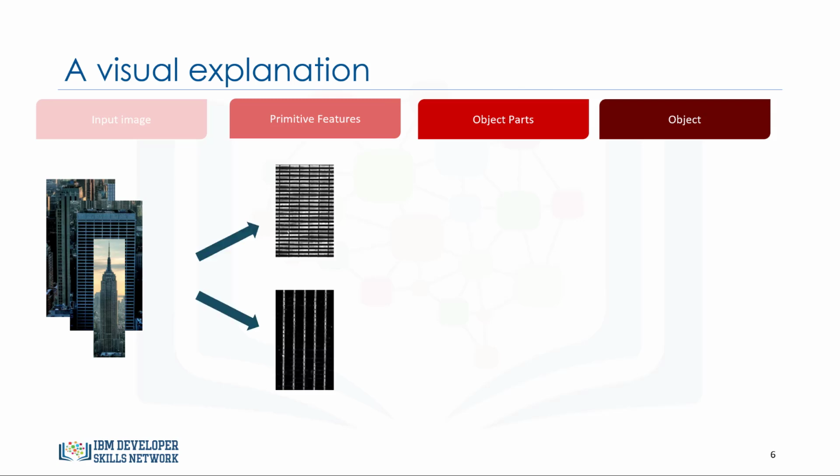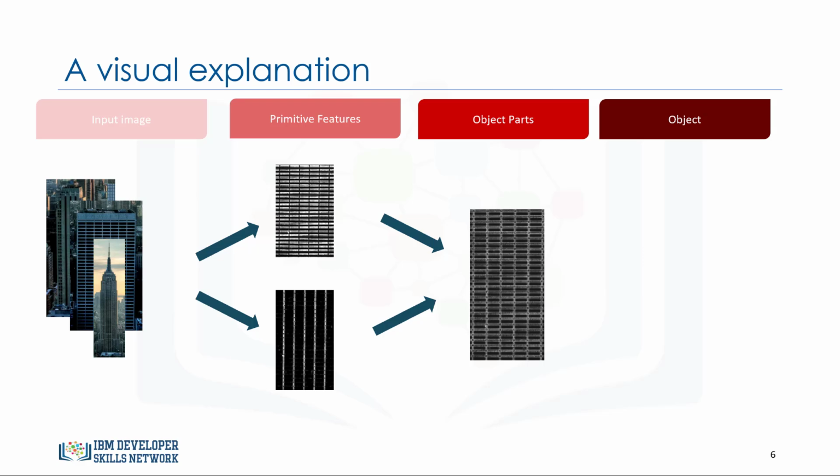Then, CNNs will automatically find that the best primitive features for a building would be things like horizontal and vertical lines. Much like the neurons firing in a person's visual cortex, the first layer in a CNN reacts, so to speak, when it receives an image that has horizontal or vertical lines.